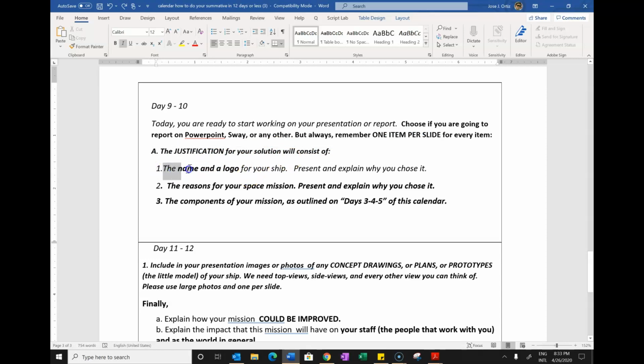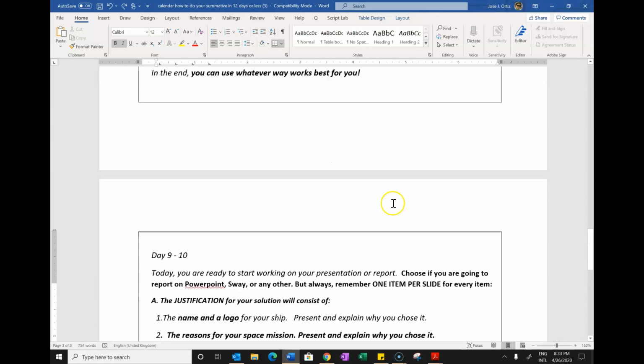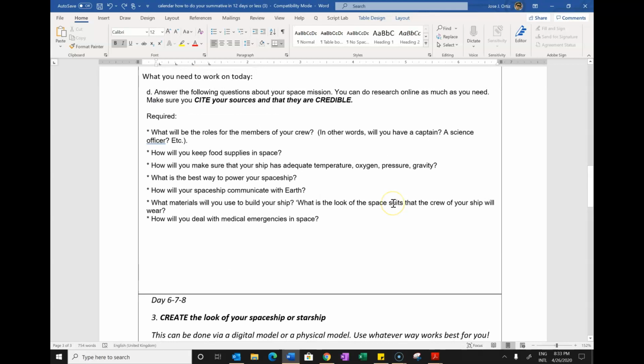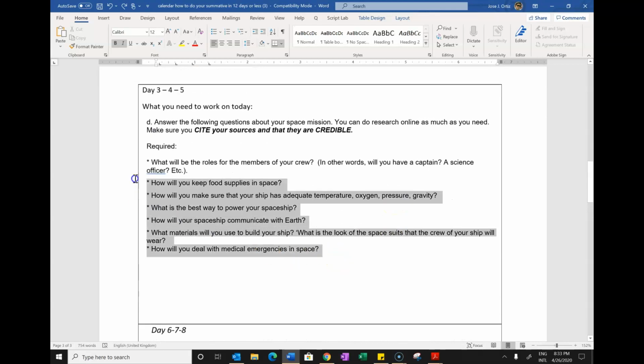You include the name and logo for your ship, you present it, and you explain why you chose it. Number two, you tell us what are the reasons for your space mission. Please explain and present it and explain why you chose it. And what are the components of your mission as outlined on days 3, 4, and 5. So what I mean is this. Here you would include this part that you wrote.